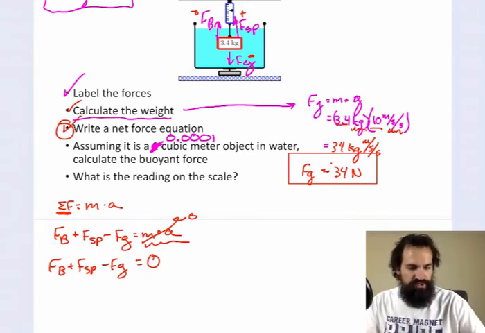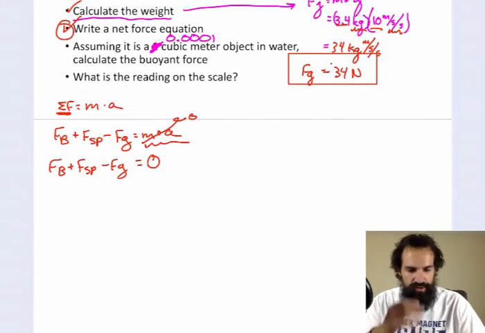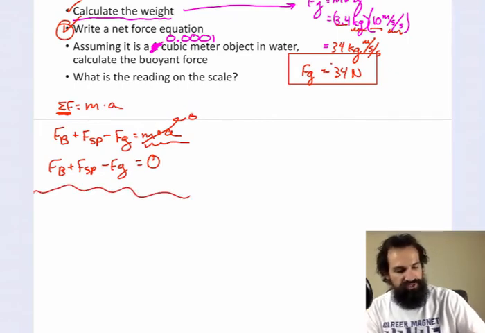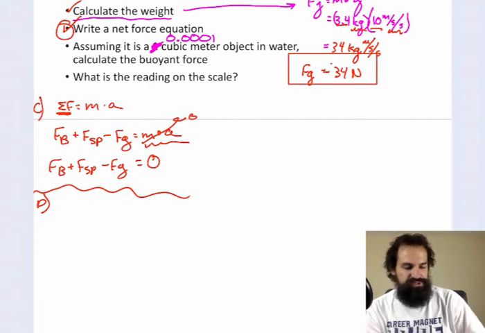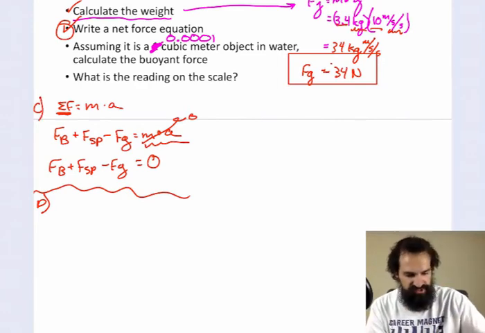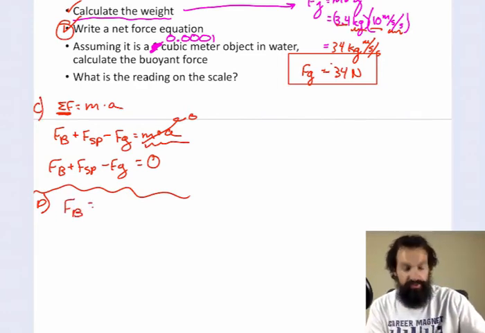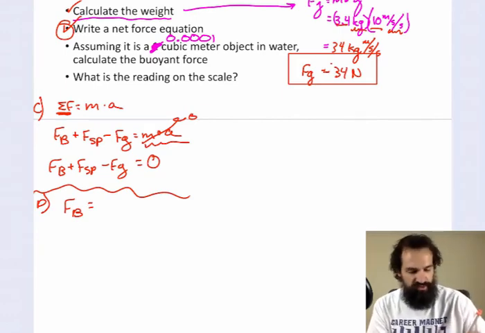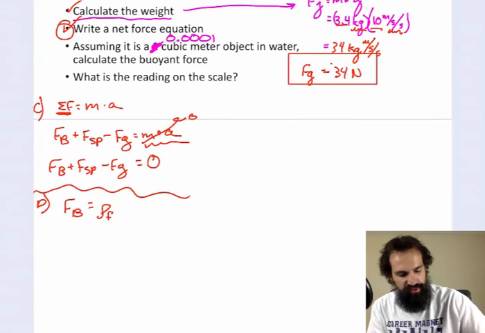D, assuming it is a 0.0001 cubic meter object in the water, we need to calculate the buoyant force. So to calculate the buoyant force, hopefully you guys have looked back up on your own to try to solve the equation yourself, but it's the density of the fluid.